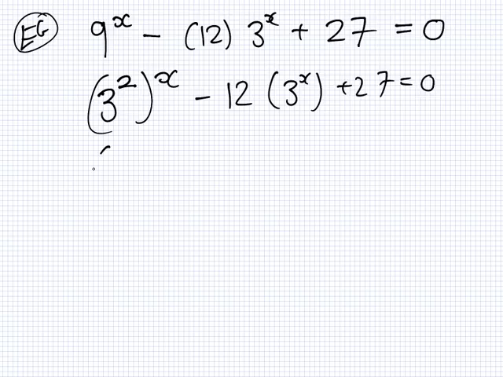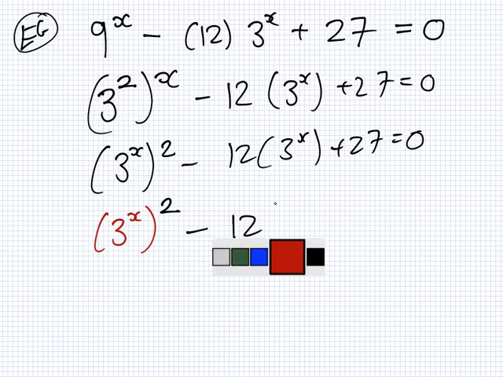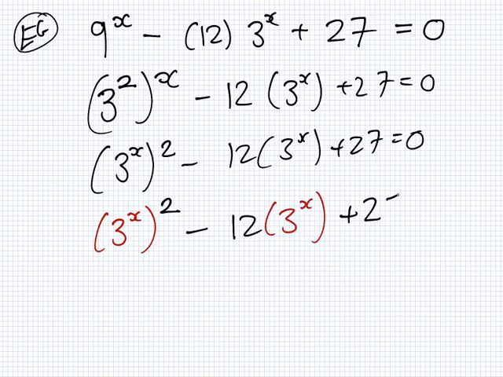Or you can write that as 3x squared, because these powers multiply, so it doesn't matter which way around you put them. Now, just to make this super clear, you have 3x squared minus 12 times 3x plus 27 equals 0.